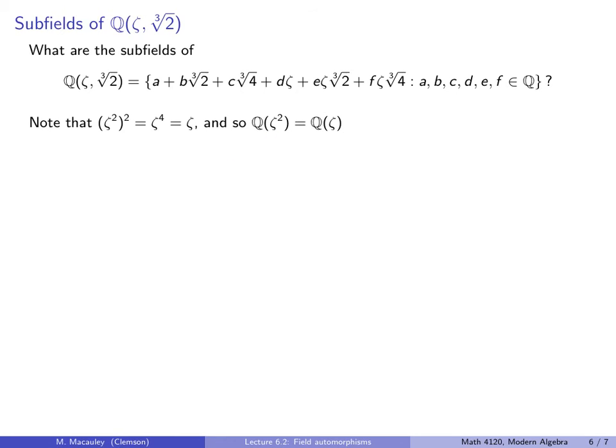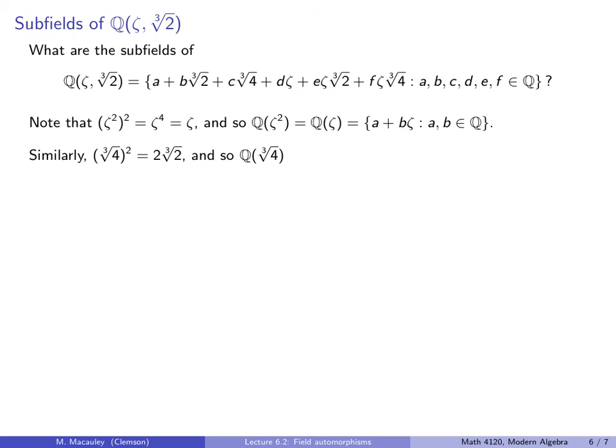And therefore these field extensions are the same. And both of them consist of all numbers of the form a plus b zeta, where a and b are rational. And there's other ways to see this too. As I think I mentioned before, zeta squared is actually just equal to negative zeta minus 1.